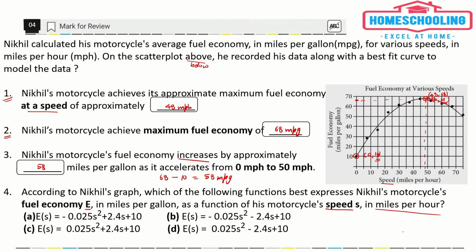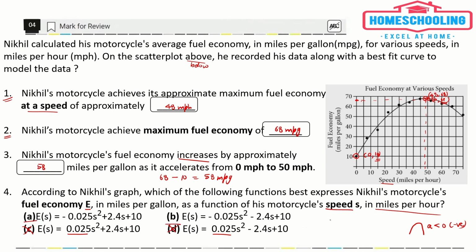Whenever the parabolic curve is facing downward, the a value should be less than 0, or negative. Here the a value is positive and here the a value is positive, so options C and D are incorrect. Now we have to choose from either option A or option B.